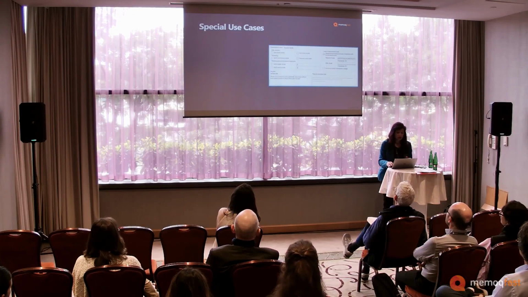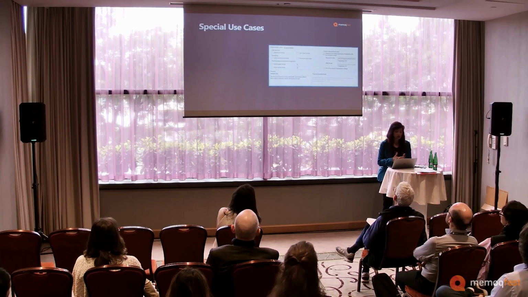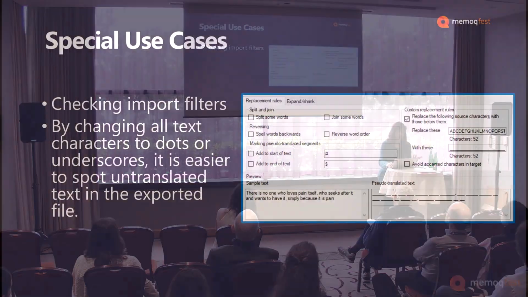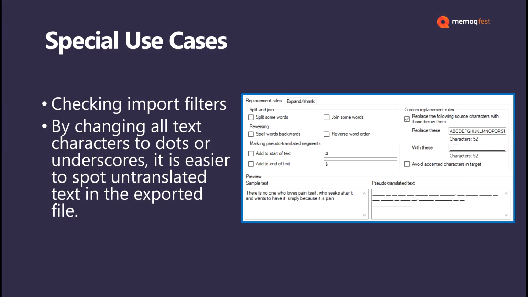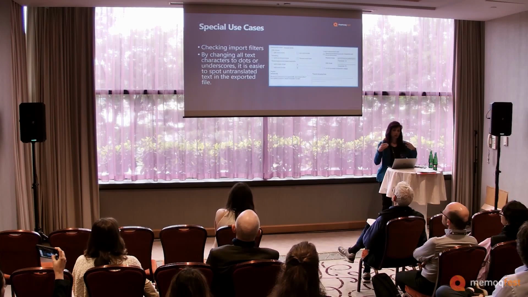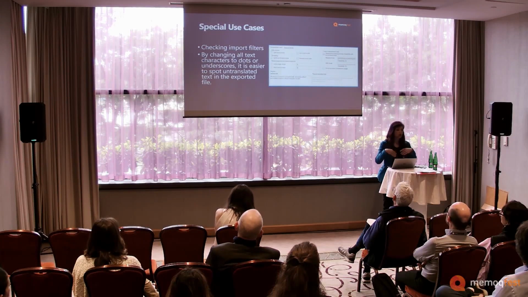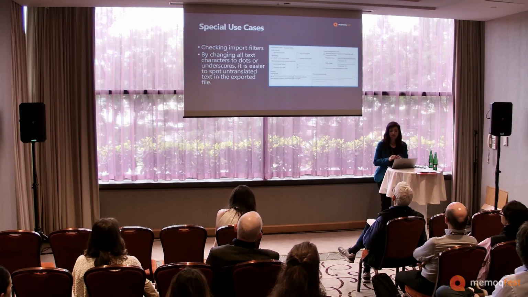Now, one special use case that I'm using quite a lot is when I create my filters and I want to see whether everything has been extracted. So I'm checking my import filter by running a pseudo-translation and changing all the characters of the source text into underscores or dots, or something that you can easily overlook, so that you can then pinpoint the parts where there really is still text.